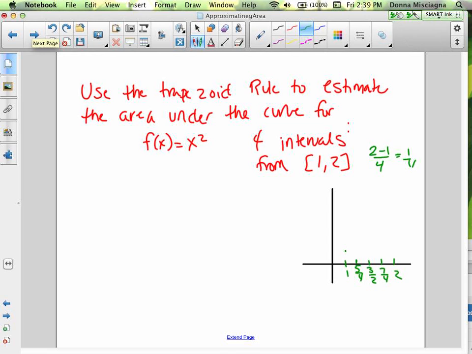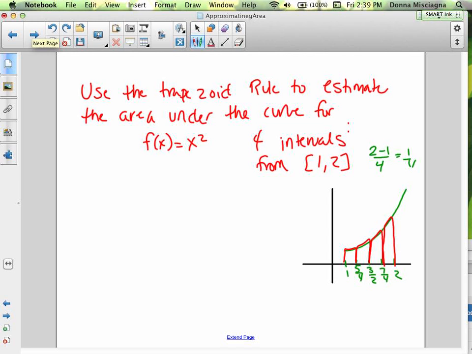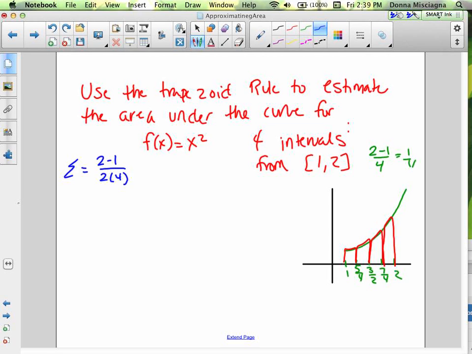And here is our function. So let's draw in our trapezoids. There we go. All right. So we're going to have the change in x, which will be 2 minus 1, and it's going to be 2 times 4, right, because we're averaging the two values, the right-hand value and the left-hand value.